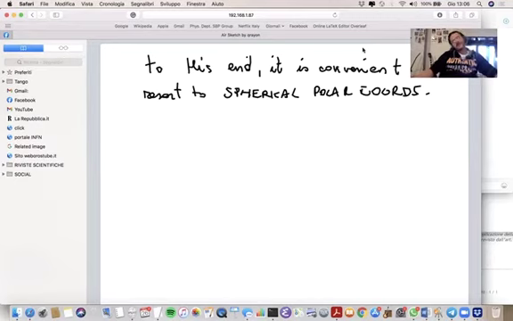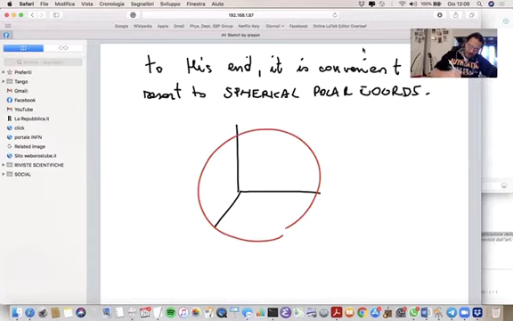So in other words, rather than using X, Y, and Z, I pick up my sphere and I use theta for my point on the sphere. This is my point P on the sphere. I project it down here.